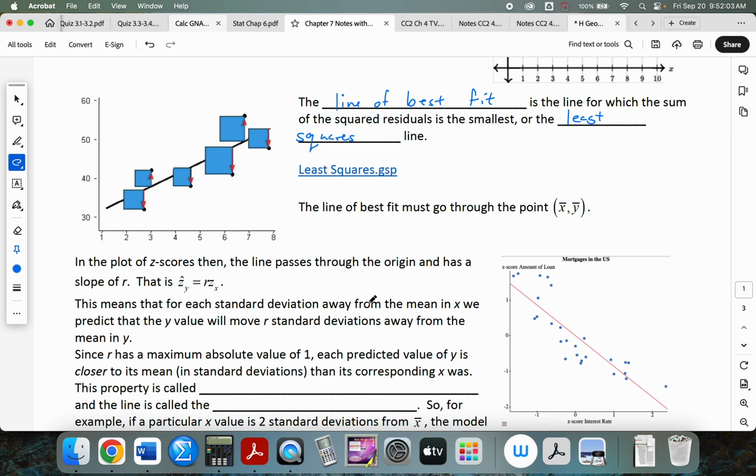One of the things that's interesting about this, and I pointed it out yesterday when I drew a regression line on the NumWorks calculator, is that it has to go through x bar, y bar. It's got to go through the mean of x and the mean of y. That will always be a point on your regression line.